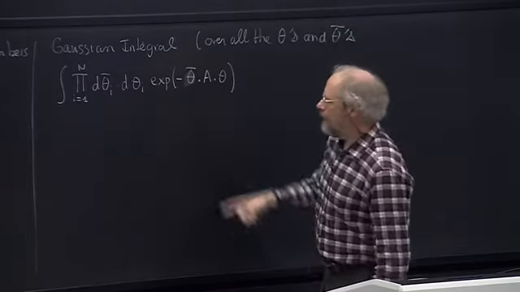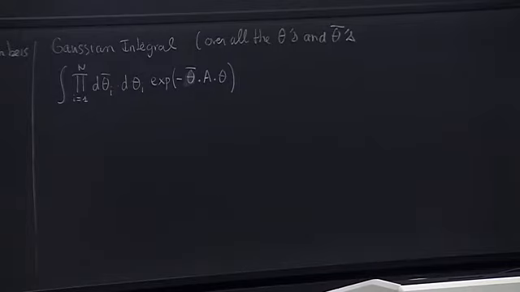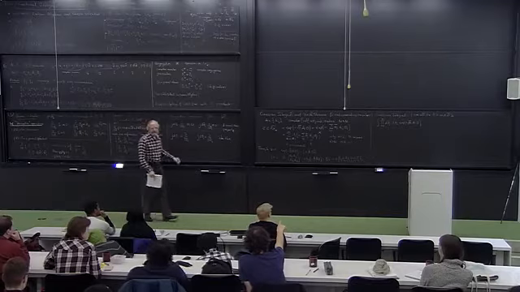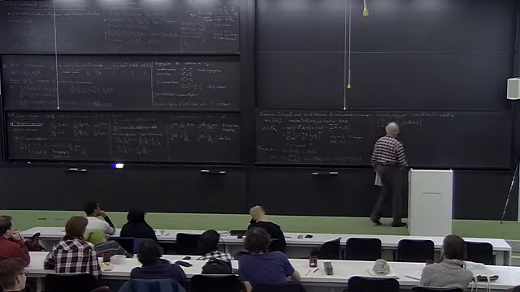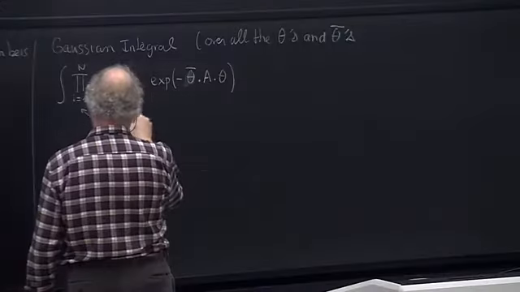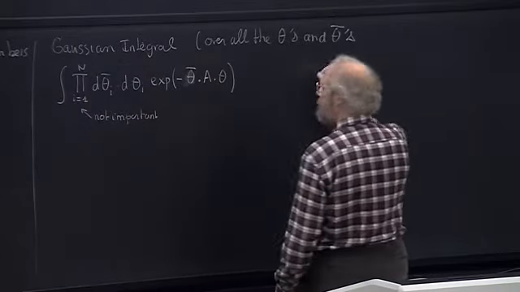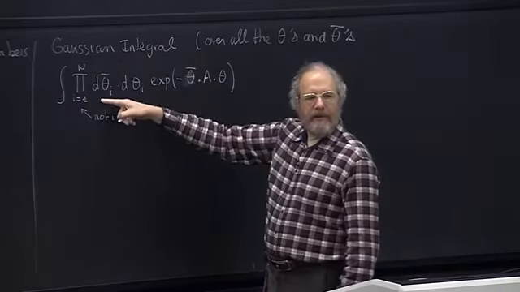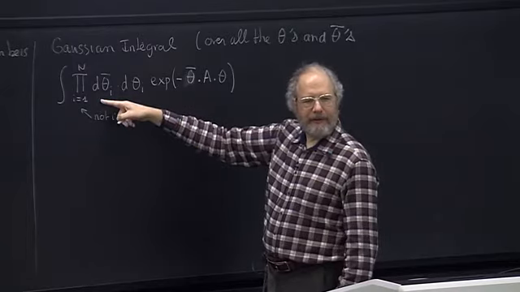Okay? So each time that I integrate over a theta, it's like a derivation. So one theta disappears. Yes? What is the order of integration there? The order doesn't matter. It's not important because, of course, the integral anti-commutes, but the product of two integrals commutes.